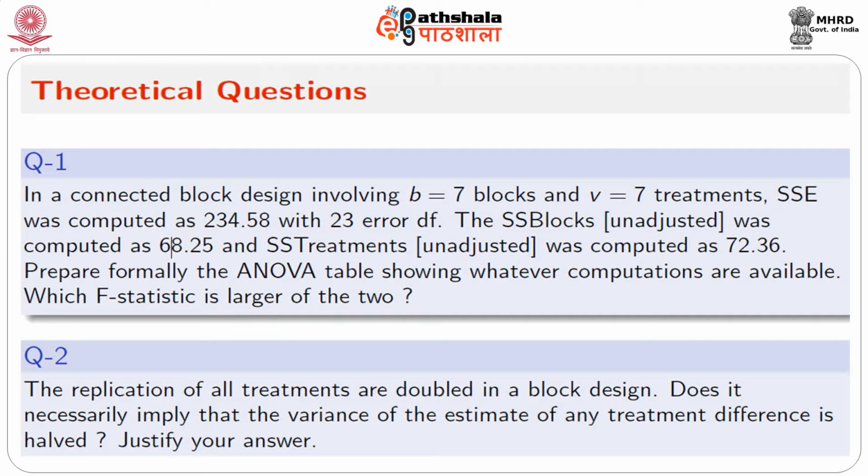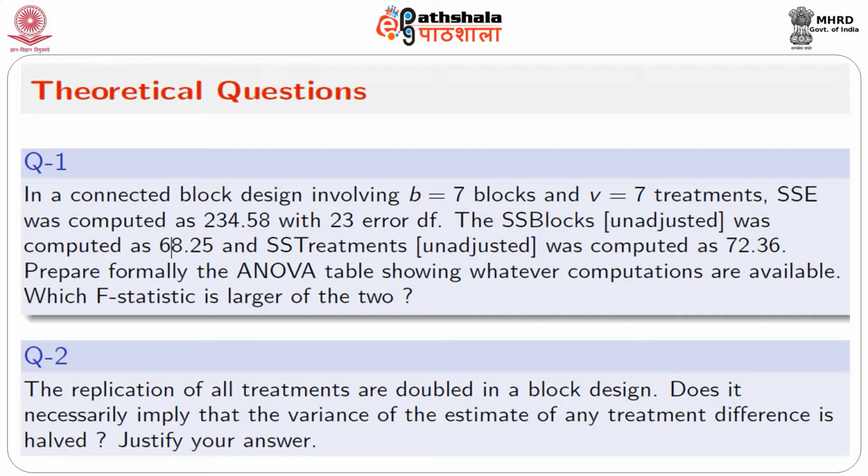We need to know the total sum of squares. Okay. Imagine you have been given the total sum of squares, then you can look at the sum of squares blocks unadjusted, and then sum of squares due to error. If you take them out, you get sum of squares due to treatments adjusted. Yes, sir. And then when you have sum of squares due to treatments unadjusted, you can compute sum of squares due to blocks adjusted. So what is missing here is the total sum of squares.